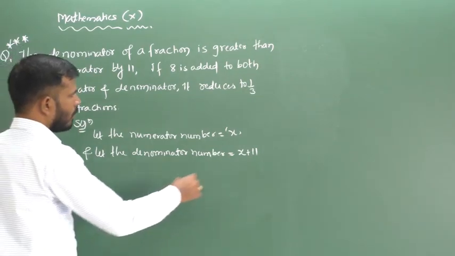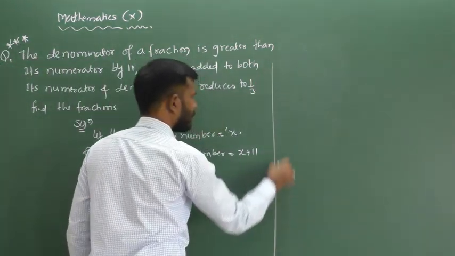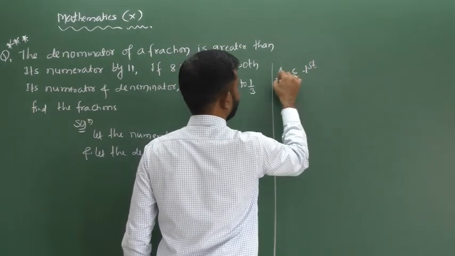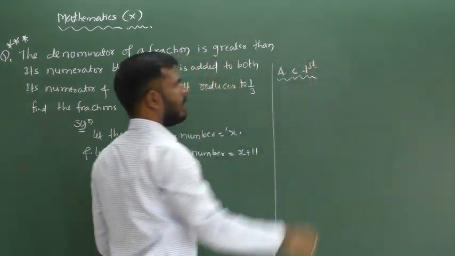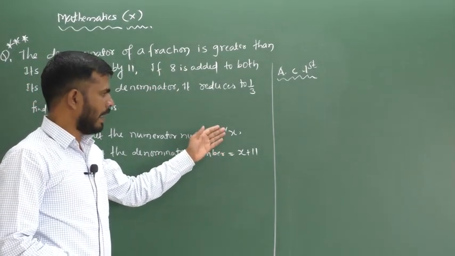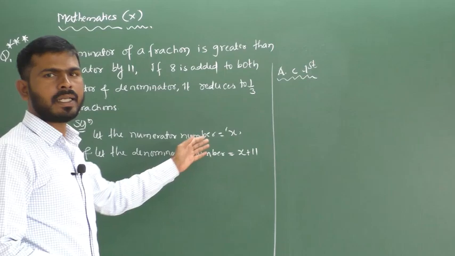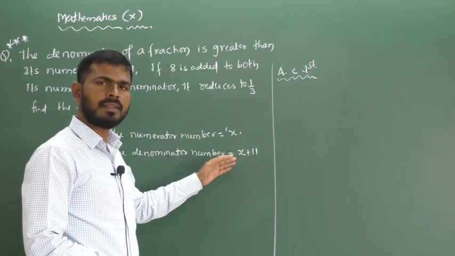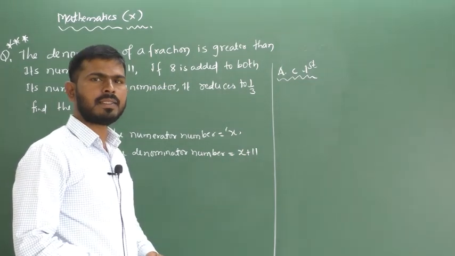Next, according to the first condition, the numerator is x and the denominator is x plus 11.